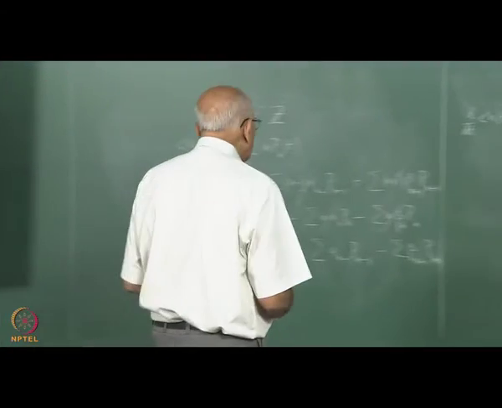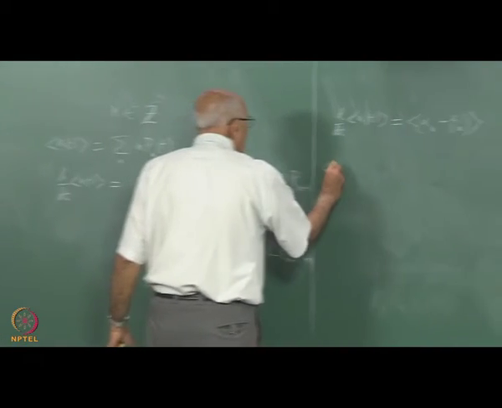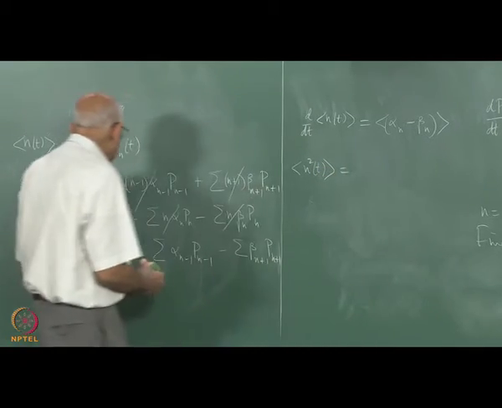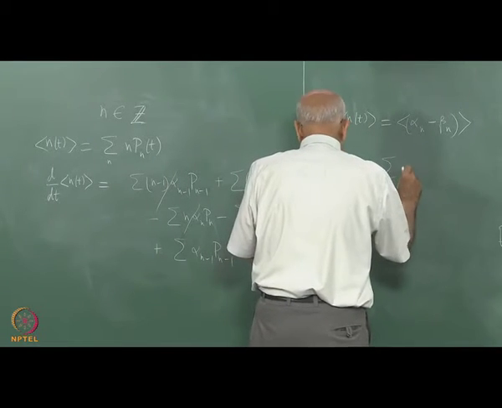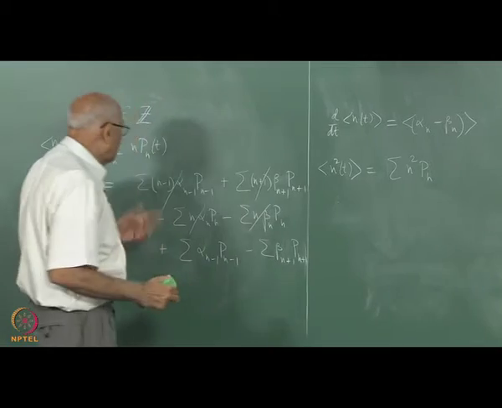Similarly, if I multiply by n squared and compute what is n squared of t here, again this thing is equal to n squared p n, and the trick is exactly the same as before.